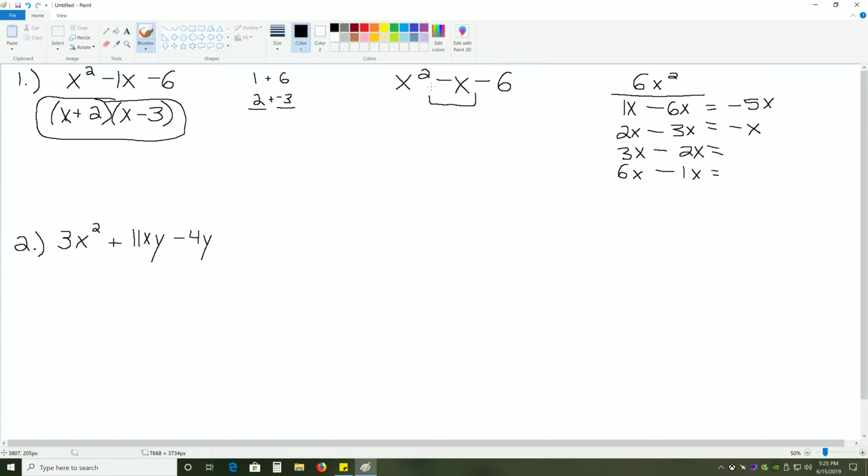So the reason it's called the middle out method is because we're going to take this middle term out and replace it with what we just found here. Negative x is the same thing as 2x minus 3x.